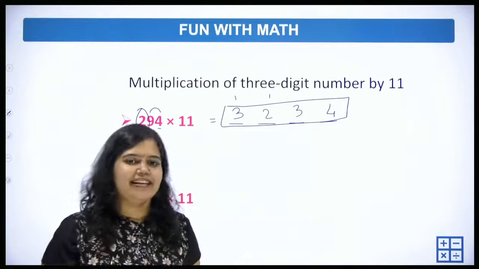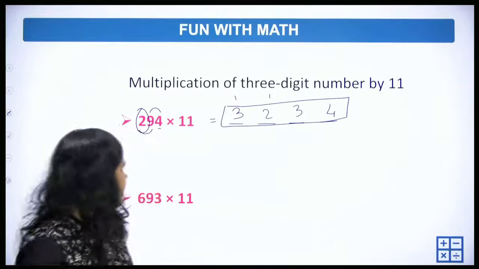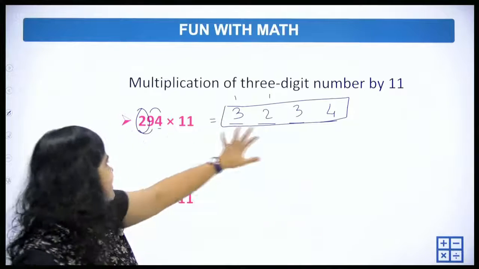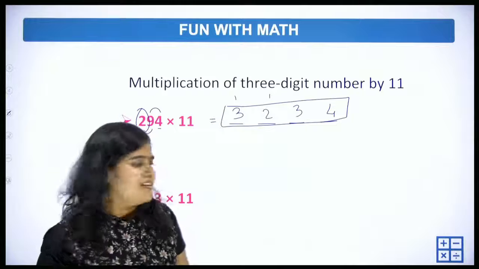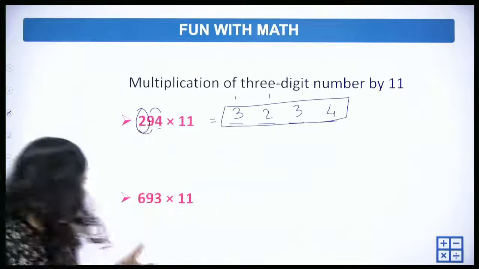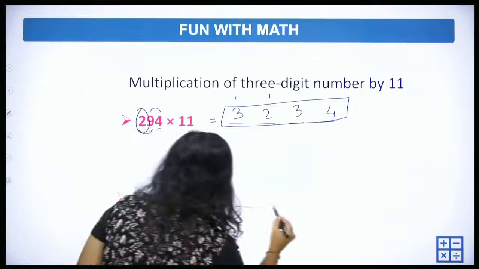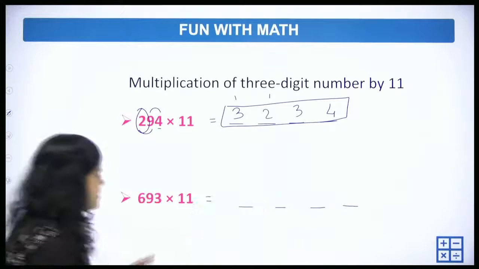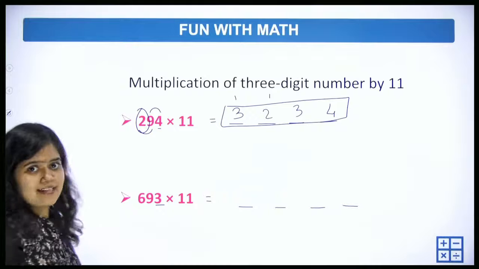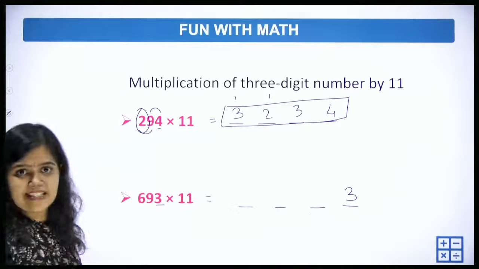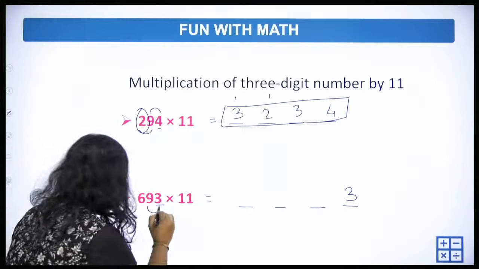To get more clarity, let's solve one more question. You see, I did not do any calculation, but I got the answer easily. Right? Now let's do 693 into 11. Again we get 4 digits. The first digit is going to be the ones place. So it is 3. Now, what is the tens place? Good, you might have guessed already.